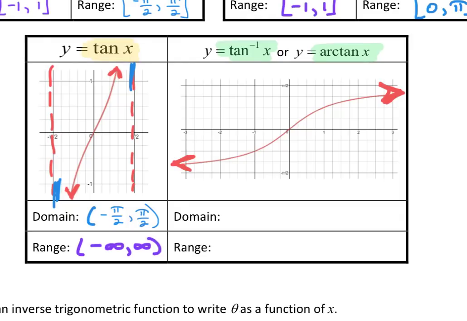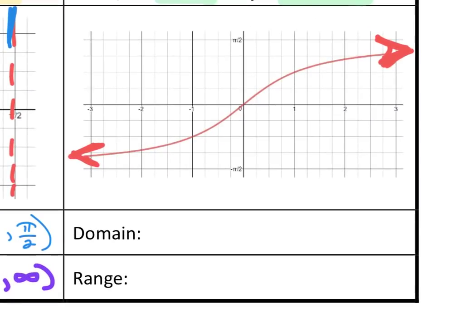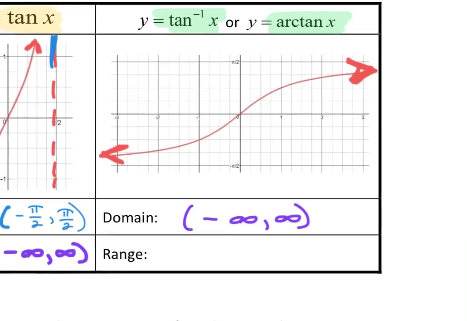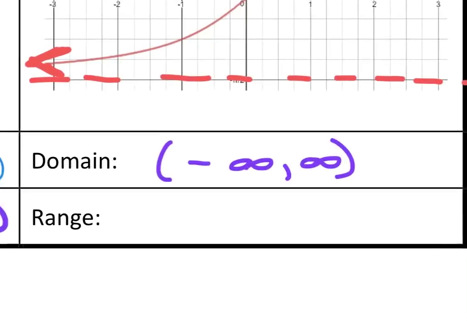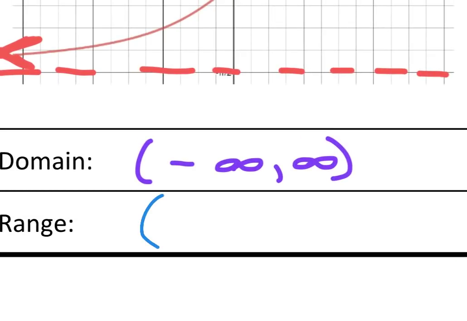And so your domain for the inverse tangent is going to be negative infinity to positive infinity. But those asymptotes that had been vertical asymptotes, now for your inverse graph, they're going to be horizontal asymptotes, again at positive and negative 90, and therefore your range here is going to be positive and negative 90, but not inclusive.